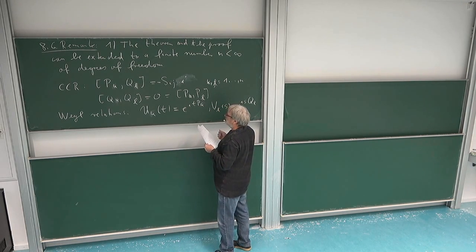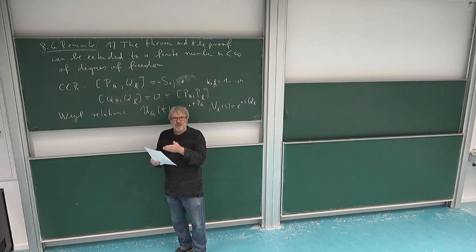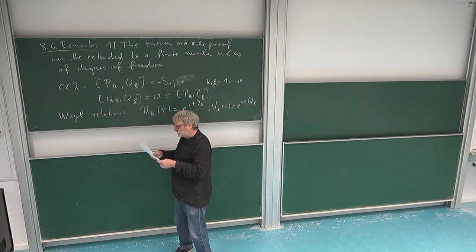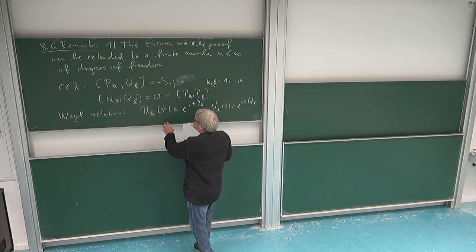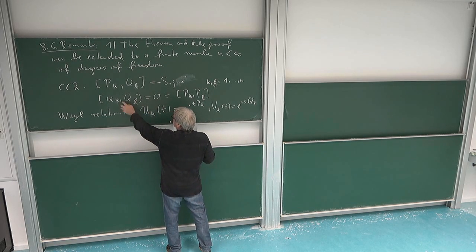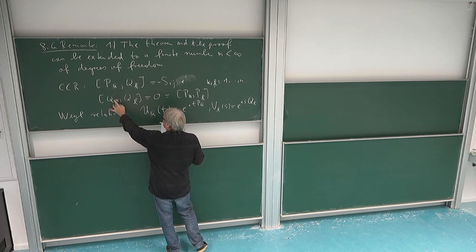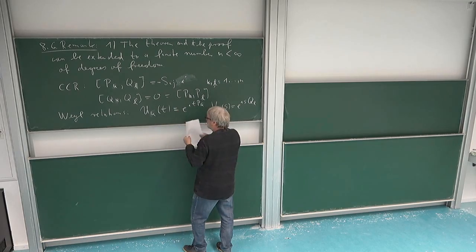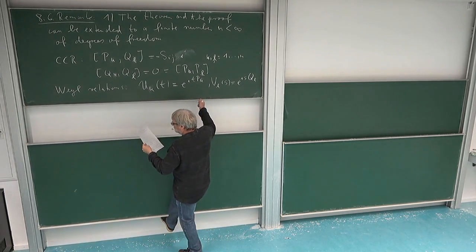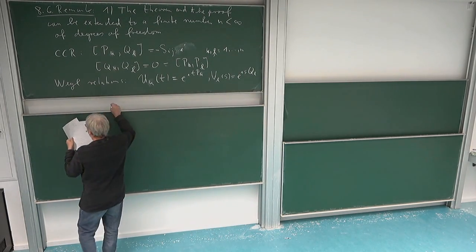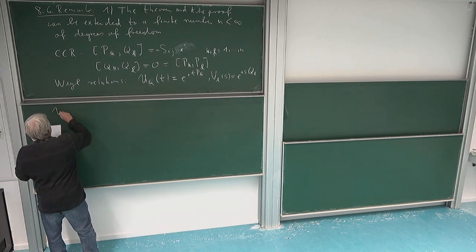And again, now it's not just between a U and a V, but I also have to say what happens between the U's for different indices and the V's for different indices. But of course it is clear, because the generators commute for different indices, the corresponding groups will also commute. So the Weyl relations are now the U's among themselves.